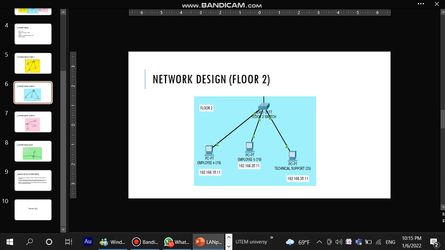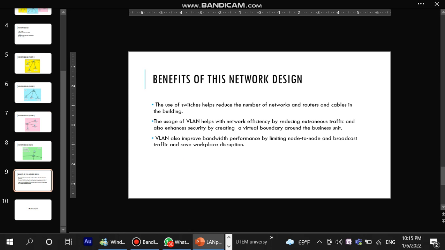I guess it's easy in this way, and of course by limiting node to node and the broadcast traffic, and avoiding workplace disruption. By all this, the VLAN can also improve the bandwidth performance. All this can be improved one by one.